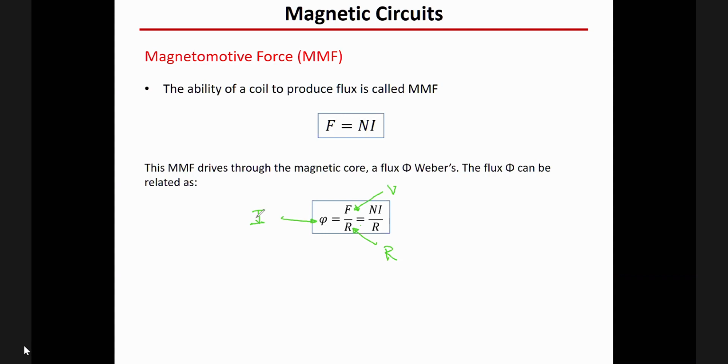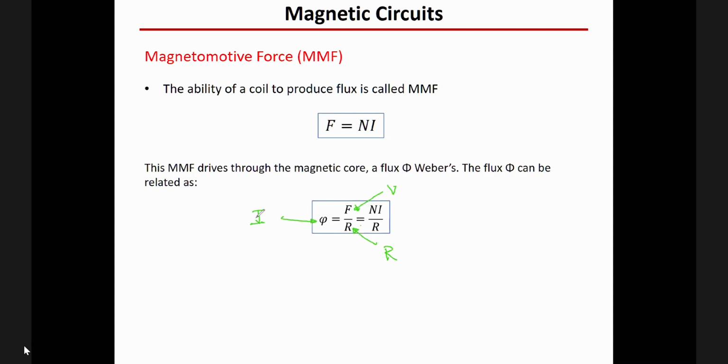Here we are going to use the same concept, but comparing the magnetic circuit to the electric circuit. So flux is like the current in the electric circuit, meaning that flux is moving inside the magnetic circuit from one point to another, similar to the current. F is like the voltage in an electric circuit, which is a similar concept, because F is like the engine or the source that makes the current or the magnetic flux move from one point to another.